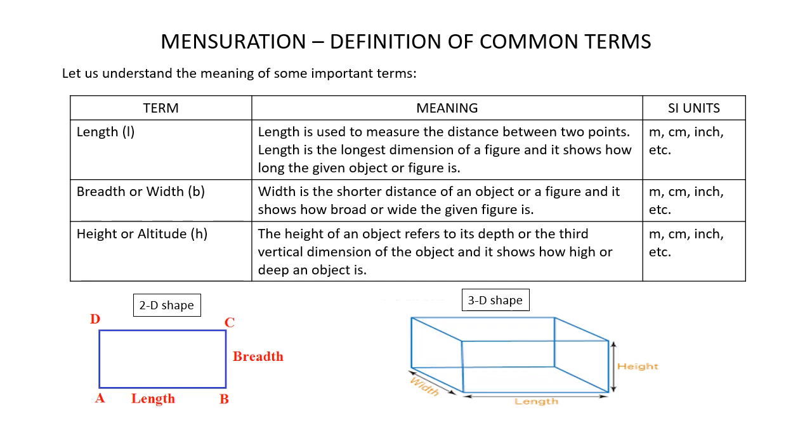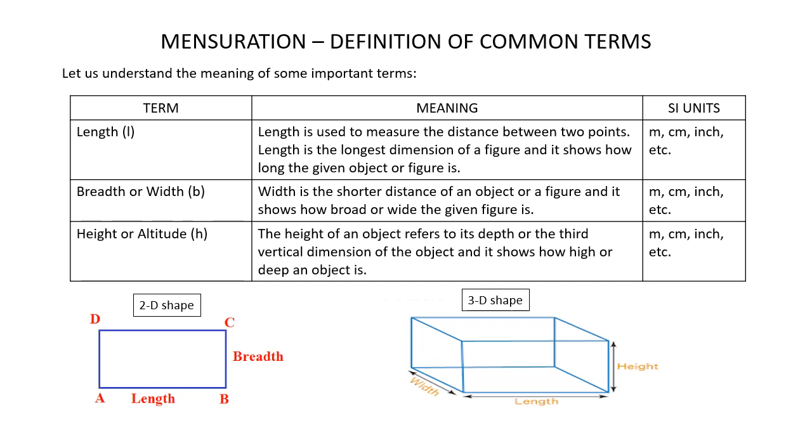Here the distance AB is the longest dimension and this is the length of the rectangle. The distance BC is the shorter distance of this rectangle and this is the breadth of the rectangle.